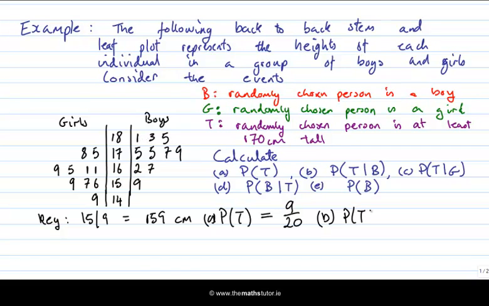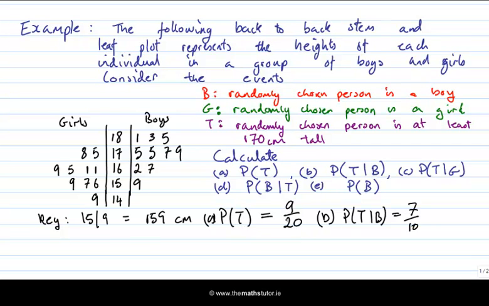So P of T given B has 7 in the numerator, and now we divide by the total number of boys only, because it's given that we're dealing with a boy here, so we can forget about the girls for the moment. And the total number of boys in this population is 10. So 7 over 10.